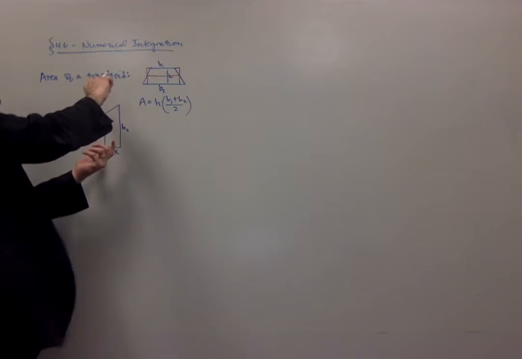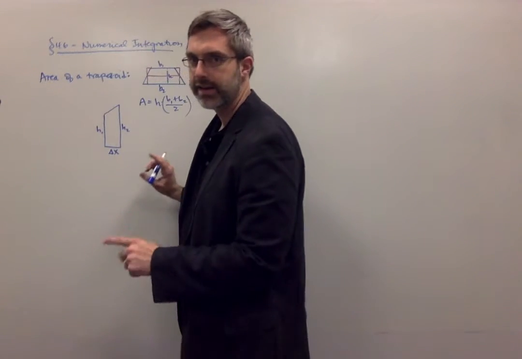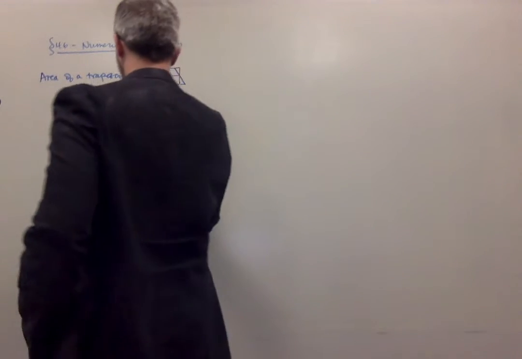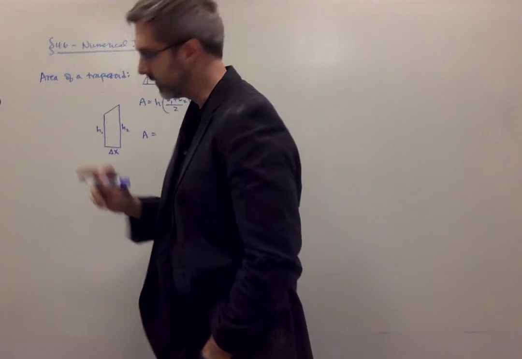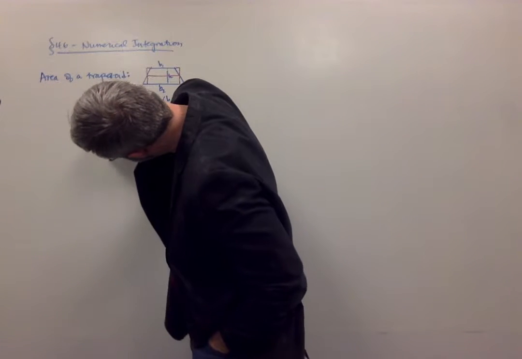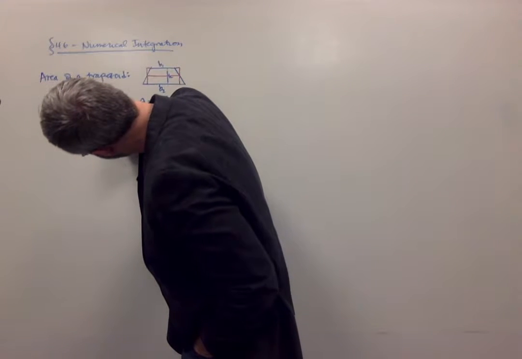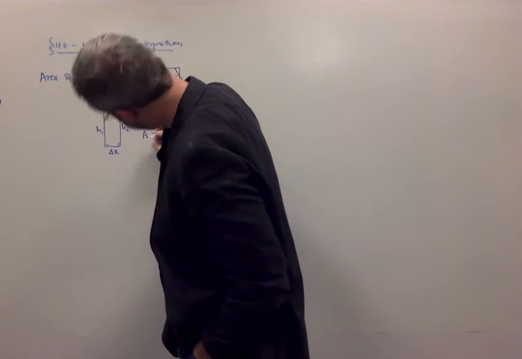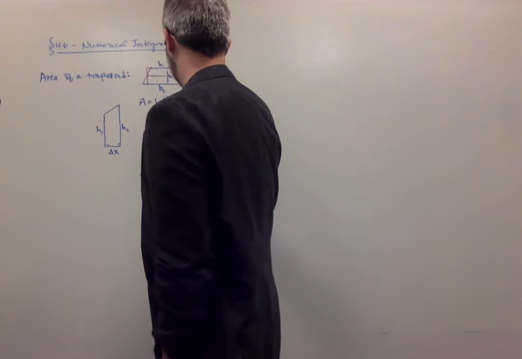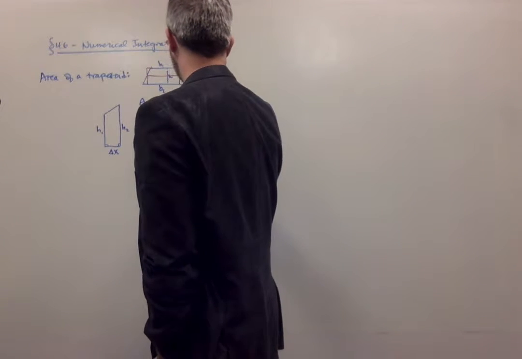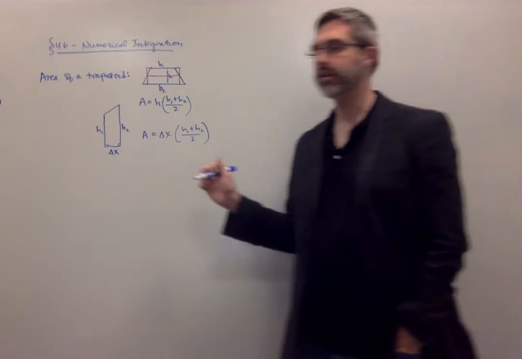So here you have to think of your trapezoid by kind of looking at it at a 90-degree angle. The area here, my height, if I'm looking at it at a 90-degree angle, my height is this delta x. This is supposed to be perpendicular here. My height is delta x, and my 2 bases are this h1 and h2, so it would be the average of those 2 bases, okay? So that's how we would get the area of this trapezoid.